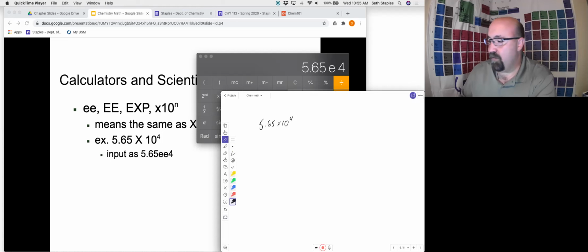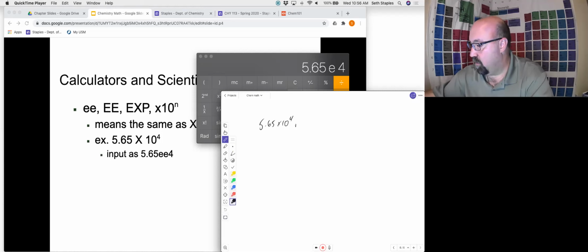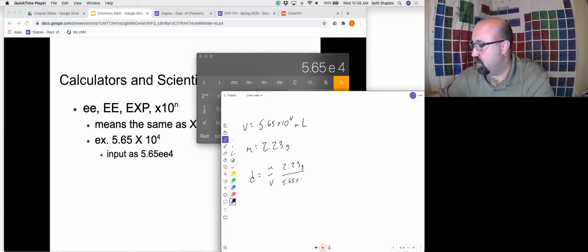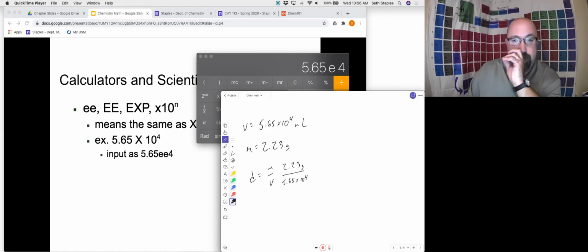And let's say we're doing a density calculation, and this is our volume, so these are the number of milliliters that we're working with. We have a mass that's maybe equal to, I don't know, 2.23 grams. Just throwing an example out there. So we're calculating our density. We're going to set up our calculation. D equals M over V. 2.23 grams divided by 5.65 times 10 to the fourth.